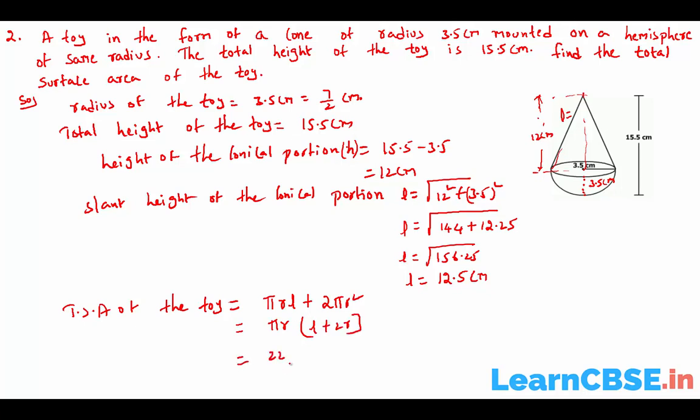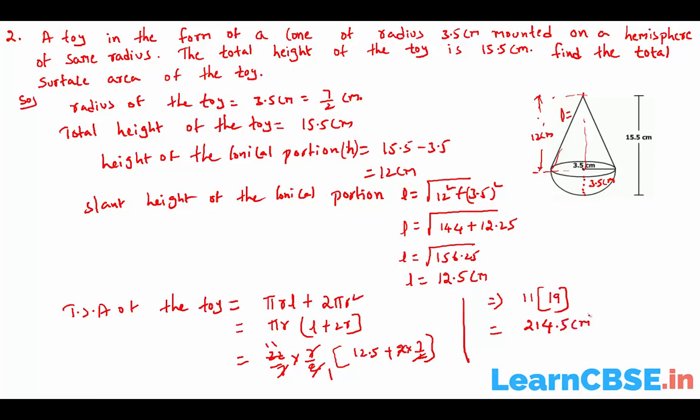Pi 22 by 7 into r, 7 by 2, into L 12.5 plus 2 into r, 7 by 2. So the 2 gets cancelled, the 7 cancels, 2 ones 2, 2 11s 22. So 11 into 12.5 plus 7, 19, then you will get 214.5 centimeter square. This is the total surface area of the toy.